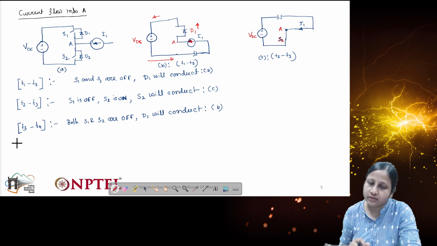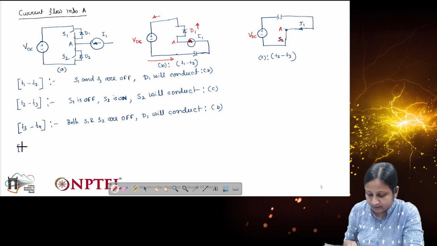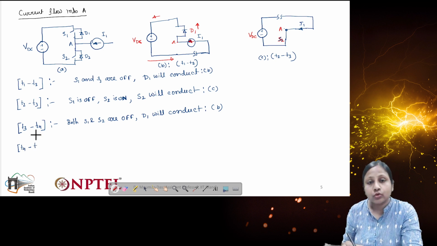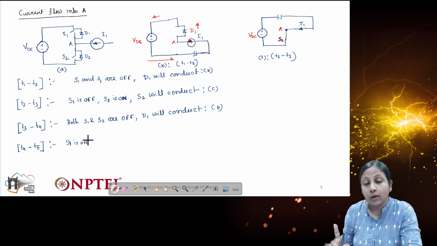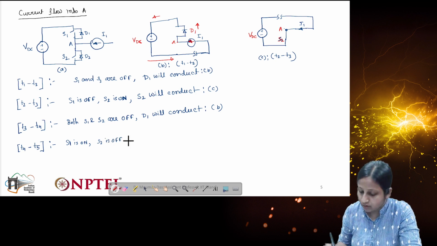Now there will be a situation when the complement switch will be on. The complement switch is which one? S1. So let's consider the duration when S1 is on, T4 to T5. In this duration, what happens? S1 is on, the upper switch is on, and S2, the lower switch, is off.